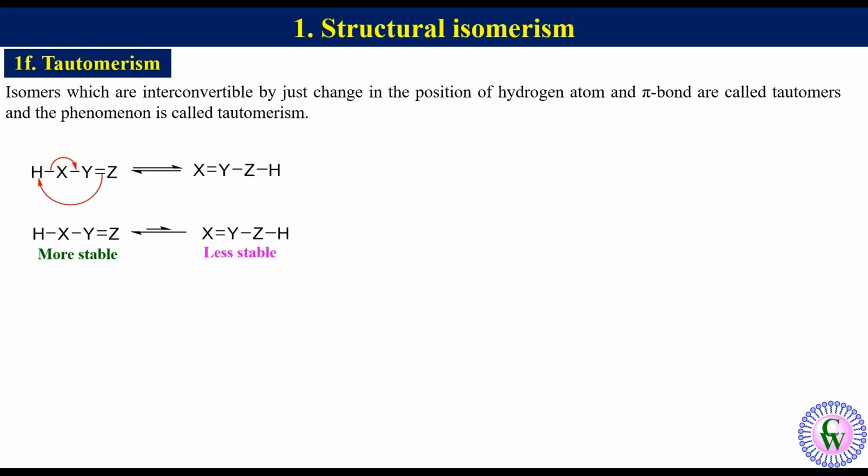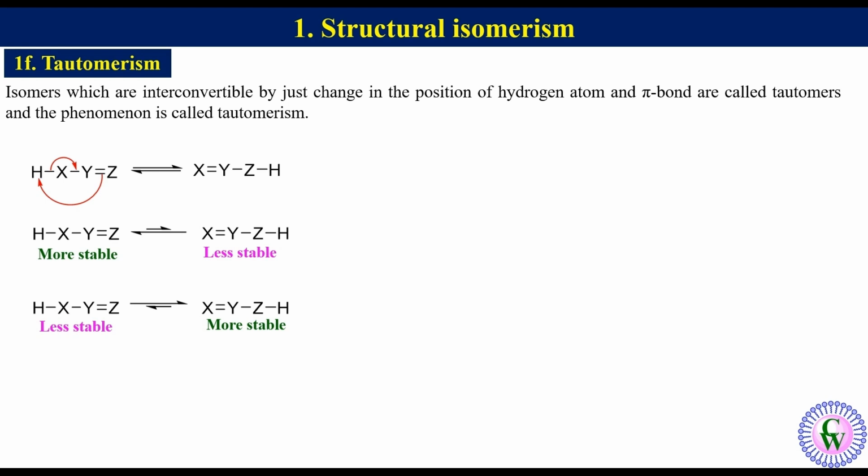If the right side tautomer is more stable than the left, then the equilibrium arrow will be like this, where the arrow in the right side direction is longer than the arrow in the left side direction.